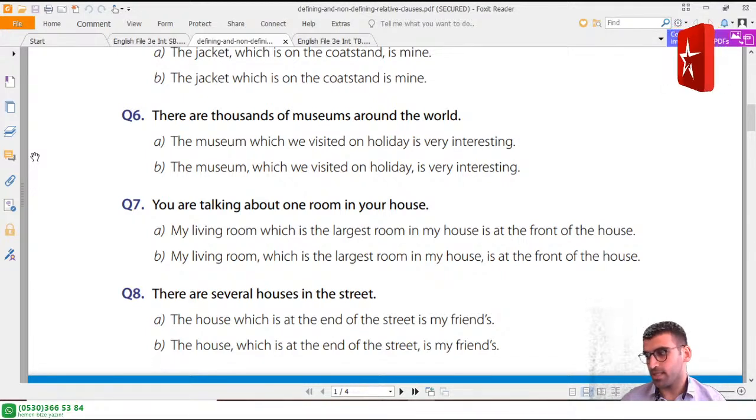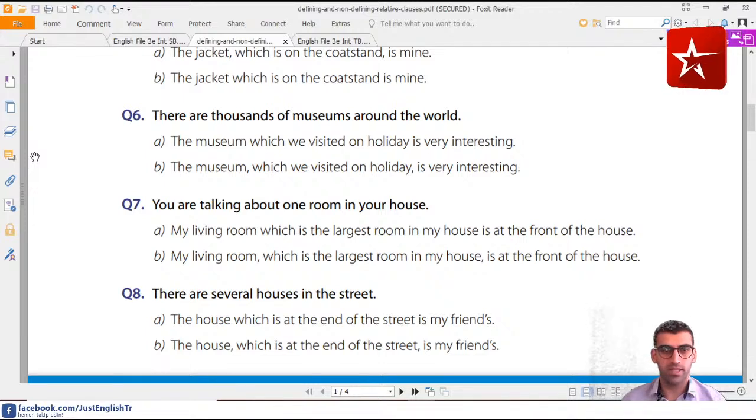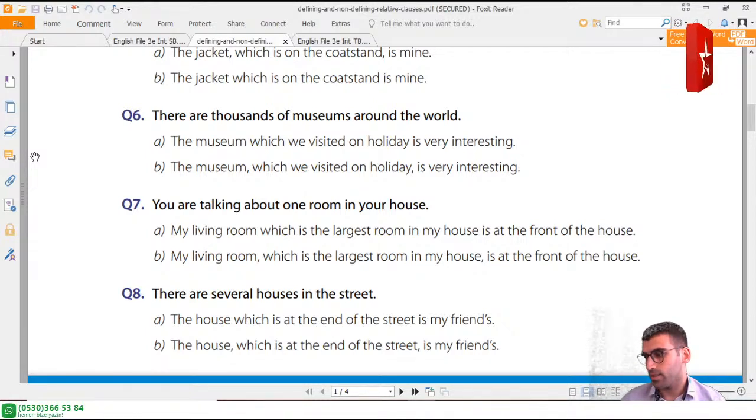Never says number 6 is A. Zeyda says relative clauses we are talking about. İlayda, I don't know what you are talking about.